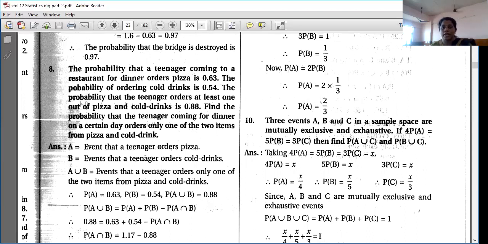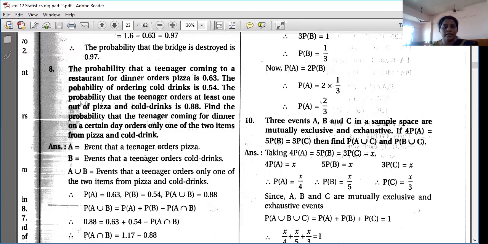So again we have to write what is A. A equals event that a teenager orders pizza. B equals event that a teenager orders cold drink, and A union B is event that a teenager orders only one of the two items from pizza and cold drink, anyone, either pizza or cold drink.